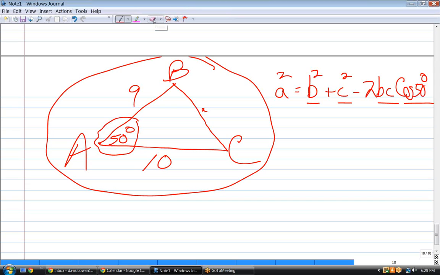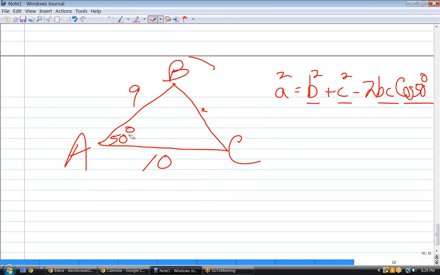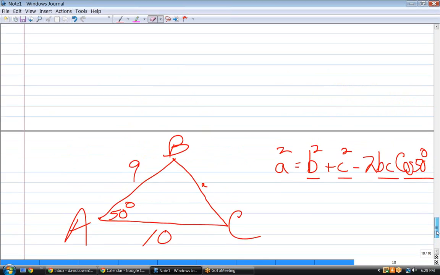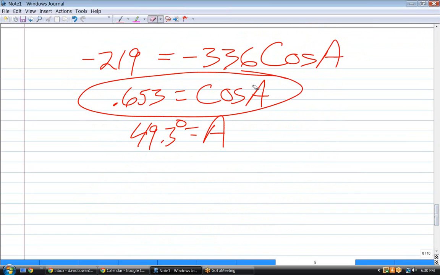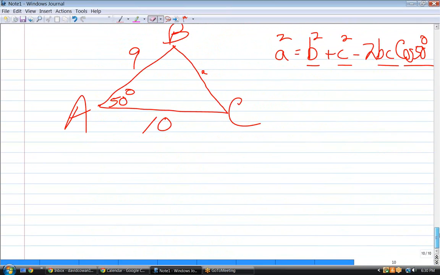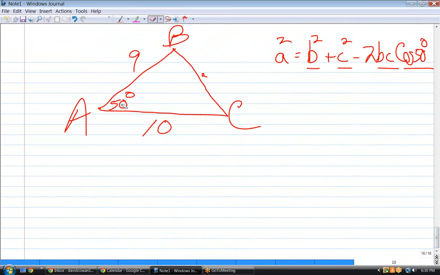But there's only two situations where you use the law of cosines, and that's this one and the previous problem. Both of them result in a little bit different solution. Notice here we solved for cosine of A and had to take the inverse to get that angle. That's not what we're going to do here. Because we know that angle already, we're solving for a side. So we will solve for A.